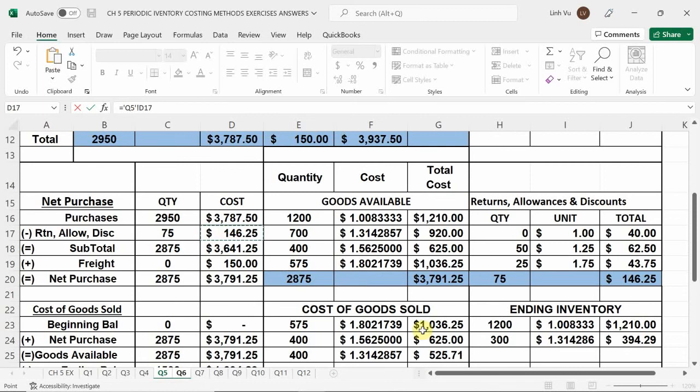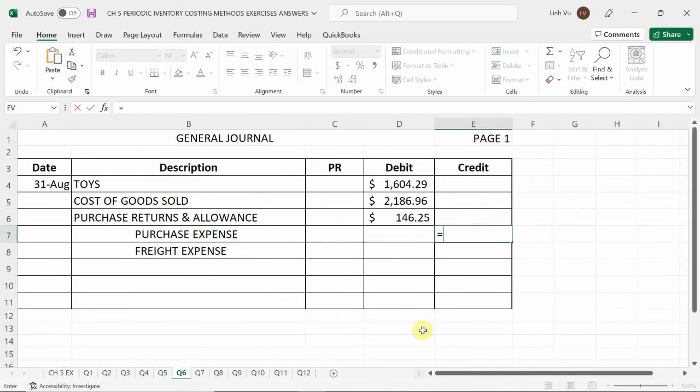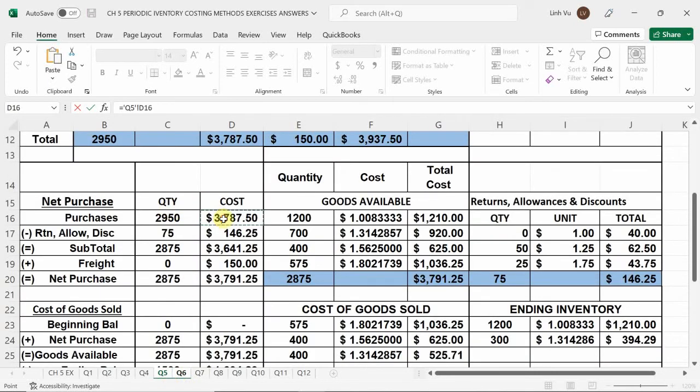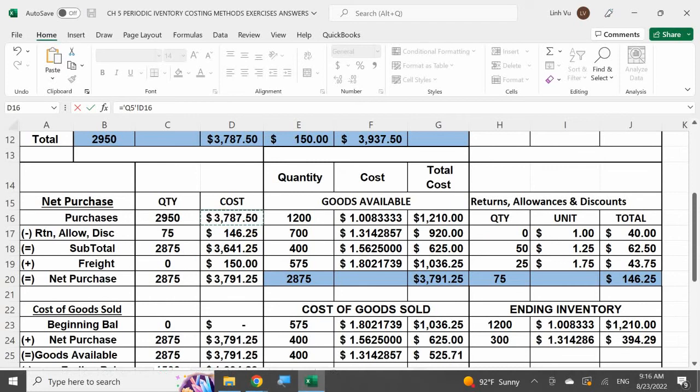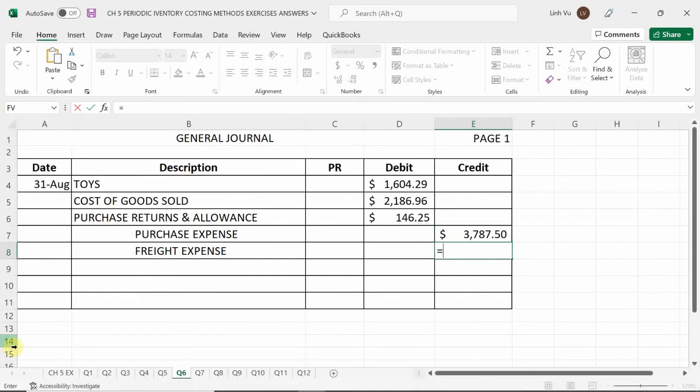Yeah, 146.25. What was my total purchases, just the purchases? It was $3,787.50. Yes, and my total freight?